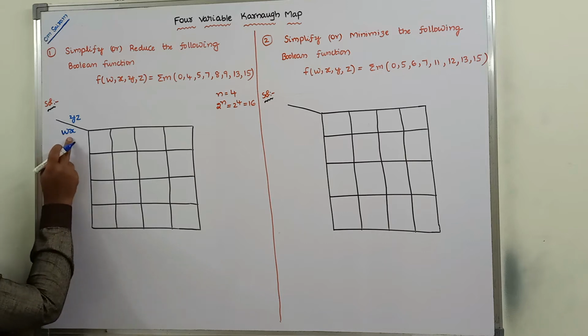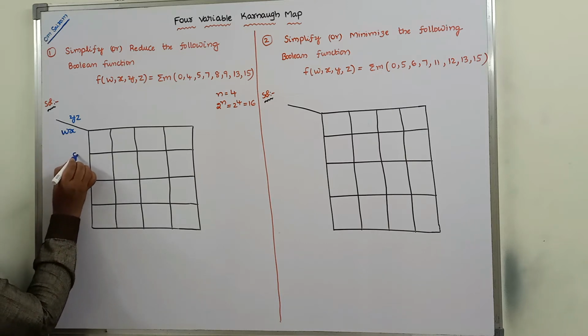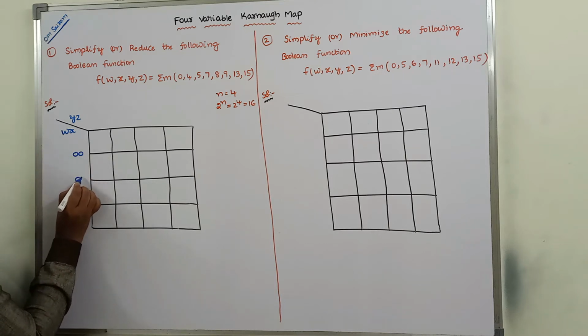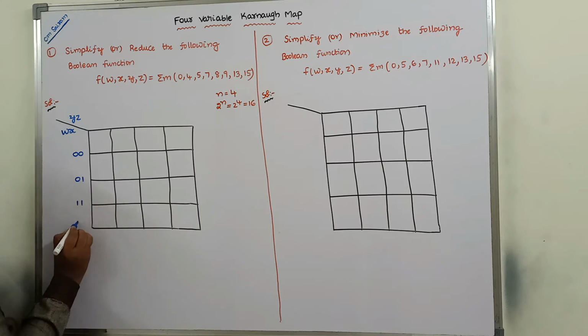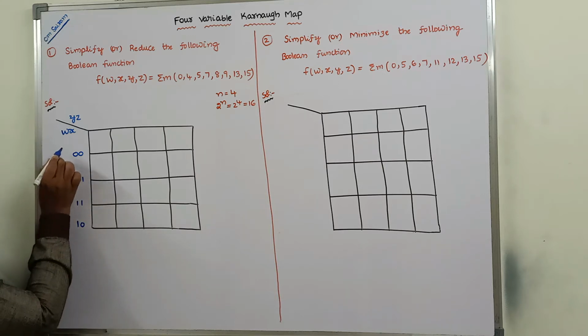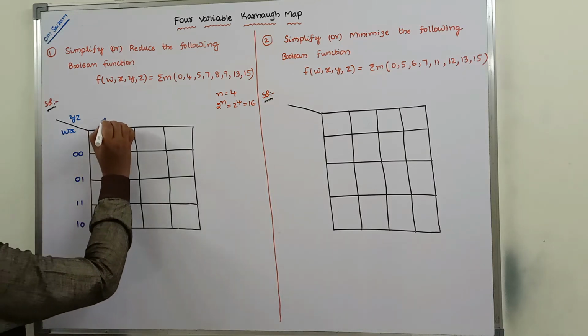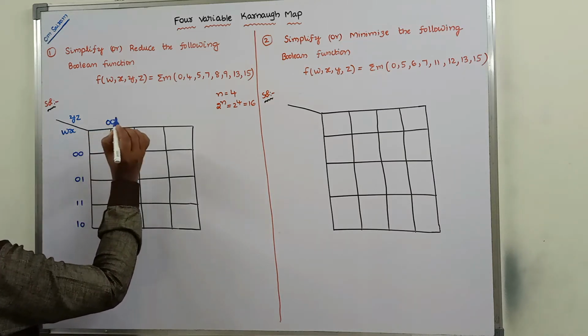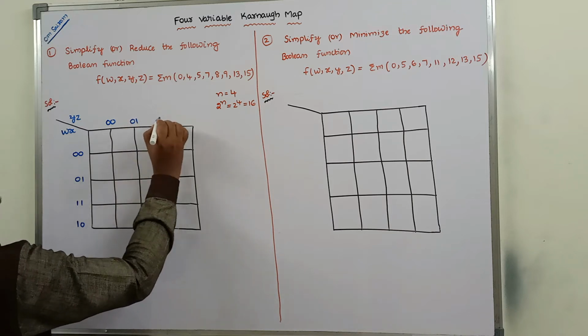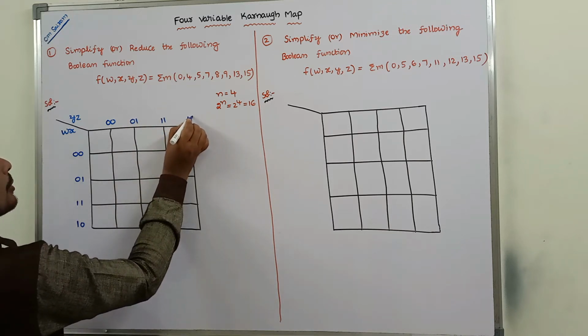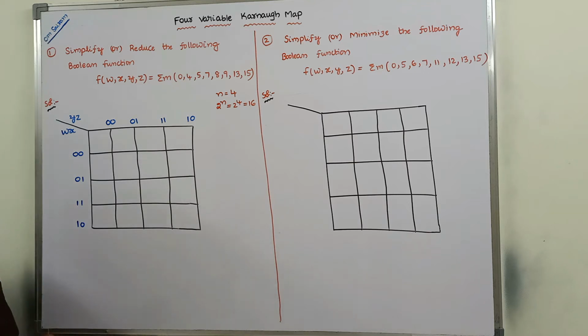These 2 variables can take 0 0, 0 1, 1 1, 1 0. Here we have to follow the Gray code. Here also 2 variables are there: 0 0, 0 1, 1 1, 1 0. These are the 4 possibilities.